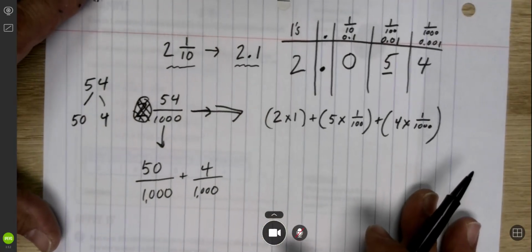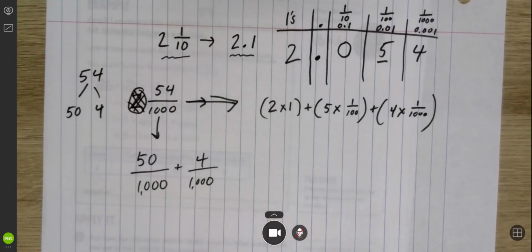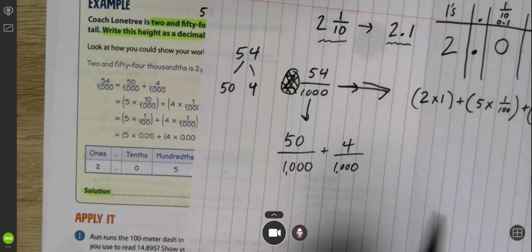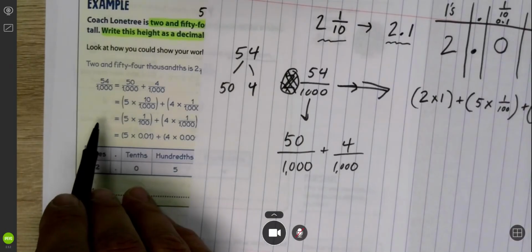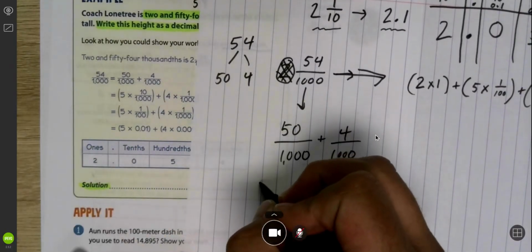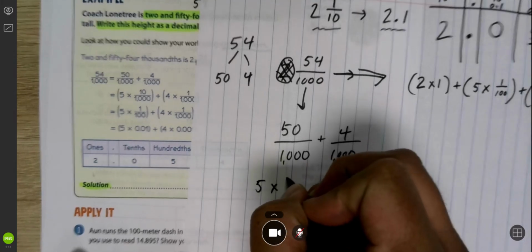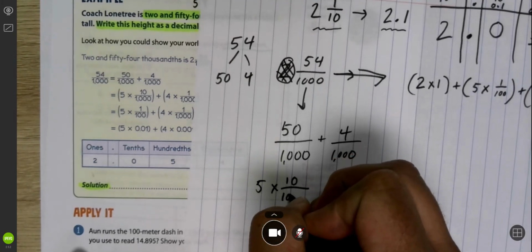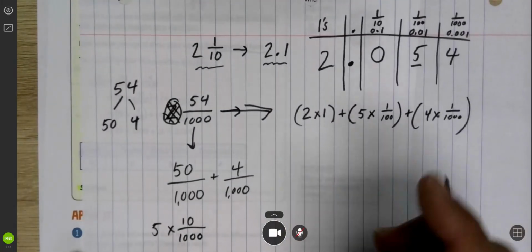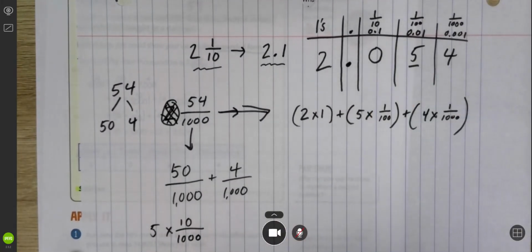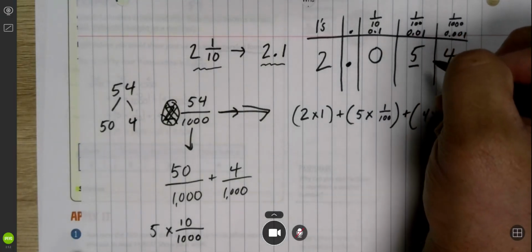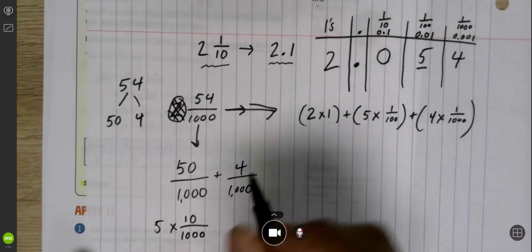And then they take it, for whatever reason, they take this distributive property of multiplication and say that 50 thousandths is the same thing as doing 5 times 10 in the thousandths place value, right? But if we look back at our place value chart, we already see that 5 right there is nestled in the hundredths place value.